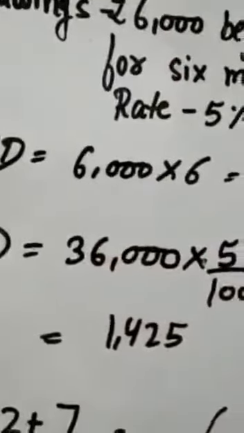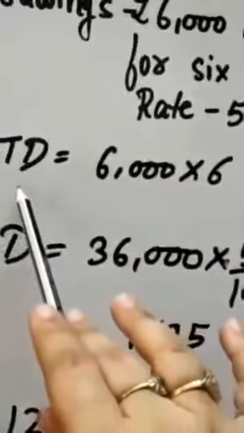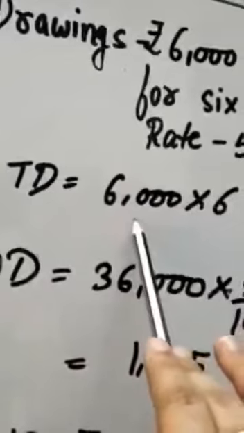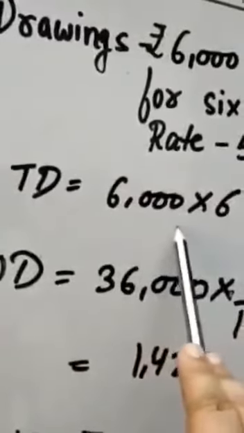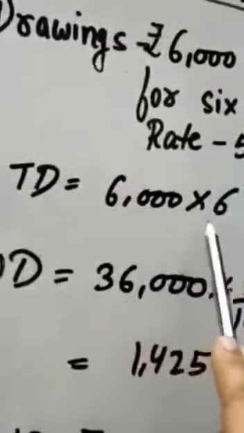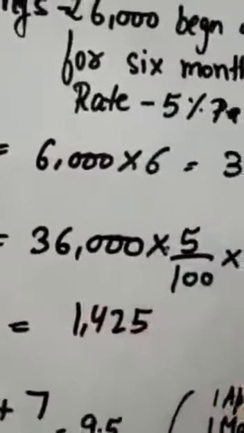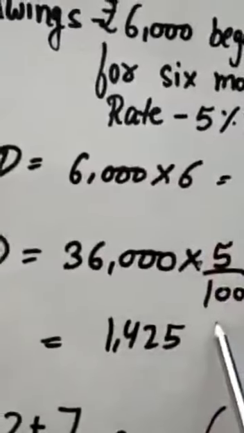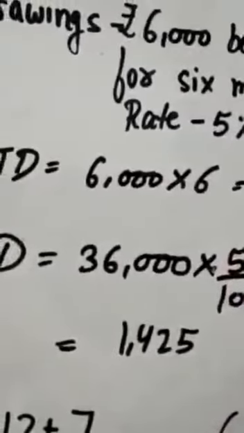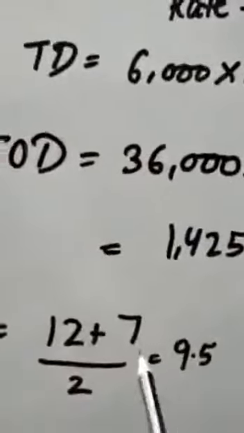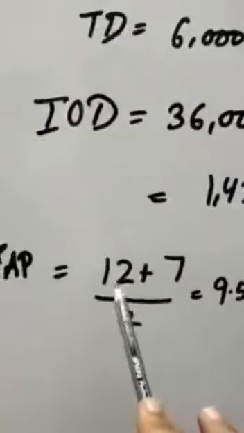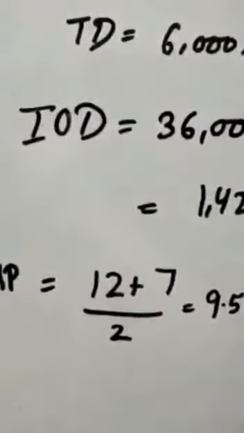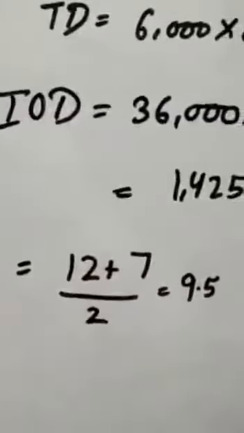Students, the formula will remain the same, but when we are calculating total drawings, he has been withdrawing 6,000, but he is not withdrawing for 12 months. He is withdrawing for 6 months. So we will multiply it with 6 in order to calculate total drawings. 36,000 will be the total drawings. Rate of interest is already given 5%. Now average period is 9.5 months. How 9.5 months? Months left after first drawing is 12, because his first drawing will be on 1st April. Then on 1st May, 1st June, 1st July, 1st August, 1st September.